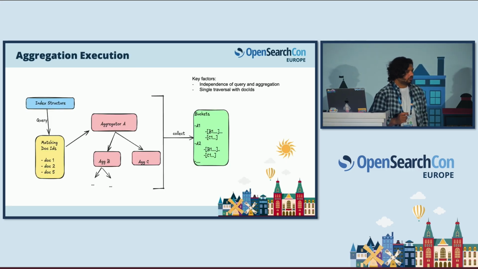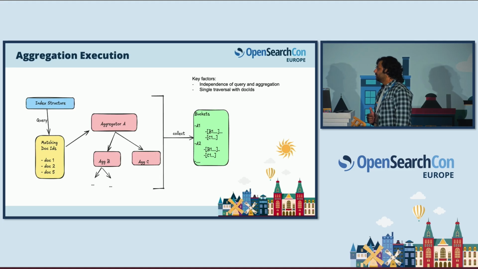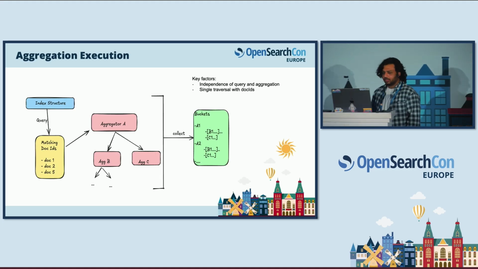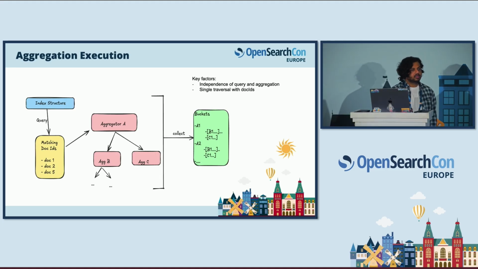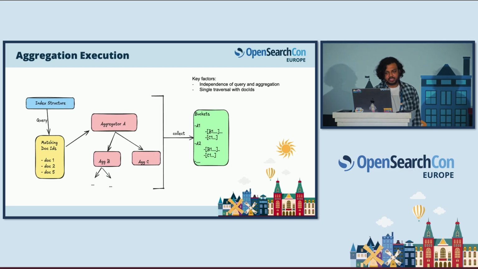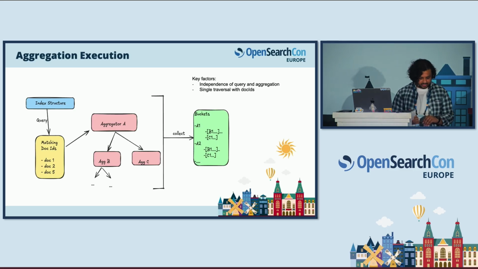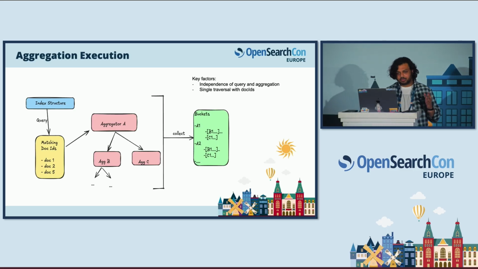Before going into what we improved in keyword aggregation, this is a quick recap on how we execute aggregations in general. For all the aggregations, it's the same thing: we run a query, we find the matching doc IDs, and then we go to the doc value set iterator and collect different buckets.